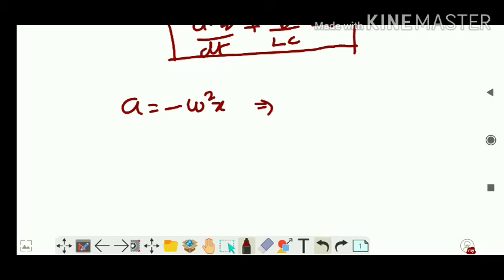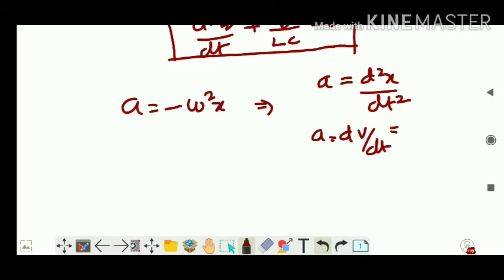Now I also know acceleration is the second differentiation of displacement, or I can write it as d squared x by dt squared. If you don't remember this, acceleration is dv by dt. V, I can write it as dx by dt. So you will get this term, d squared x by dt squared.